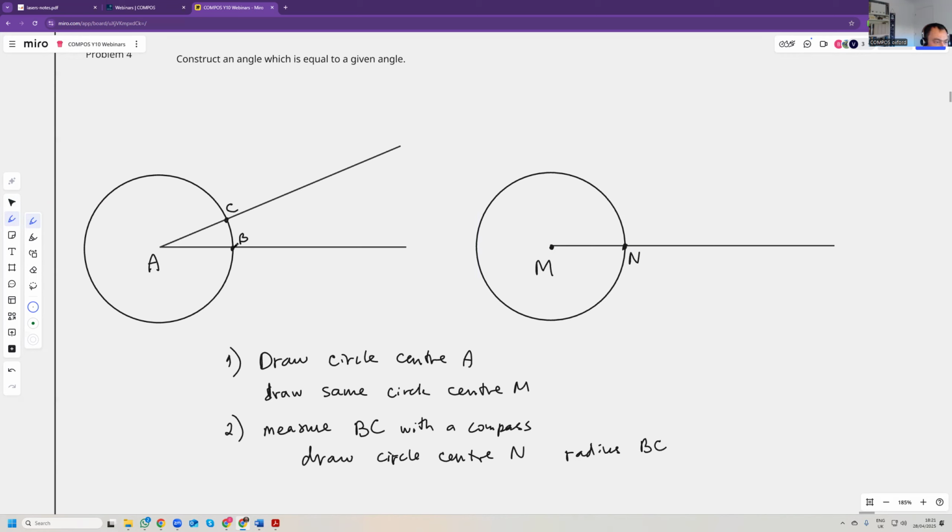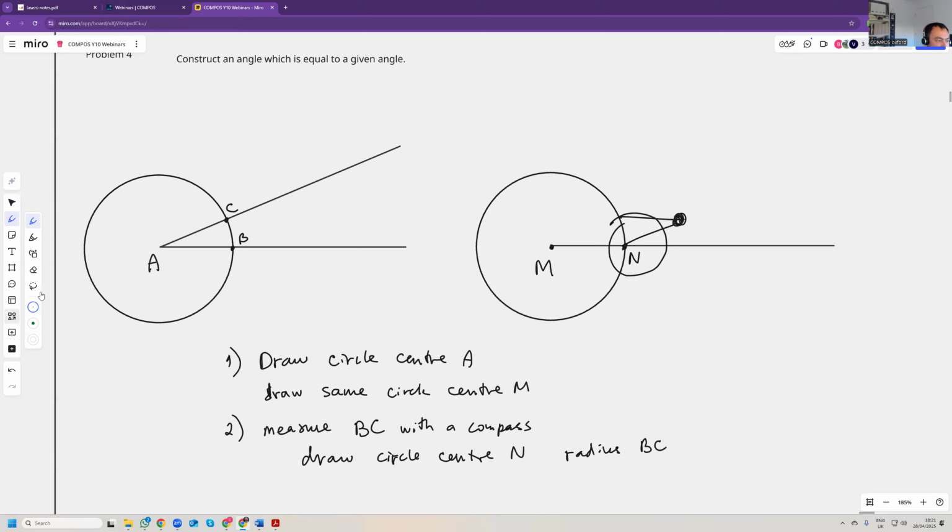So we just take the compass, we put it like this, and then we move it to point N, and we get the same radius. So we draw a circle around N.